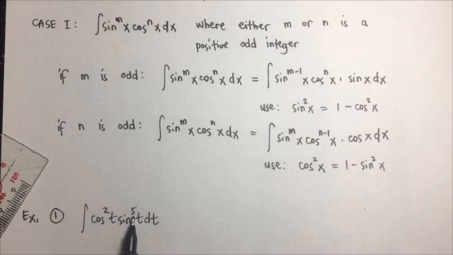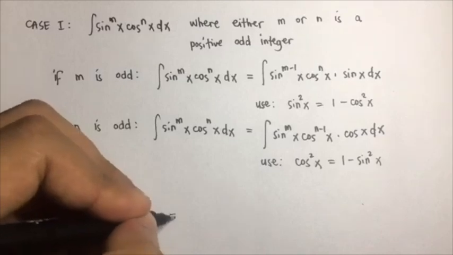This is m, the exponent of sine, so m is equal to 5. For the odd exponent, we will separate 1 of sine t so that the exponent of sine will be even.